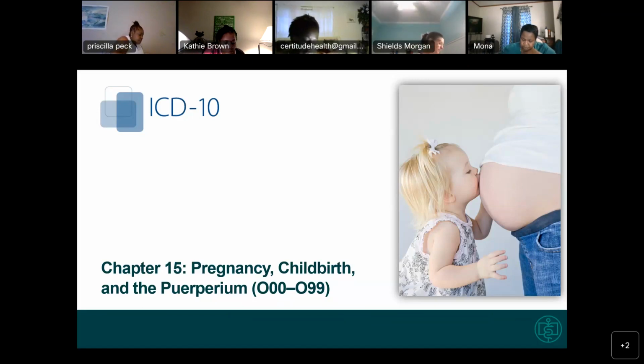On page 291, you can see the start of the pregnancy section. And that goes from 292 to 295. It's a lot.